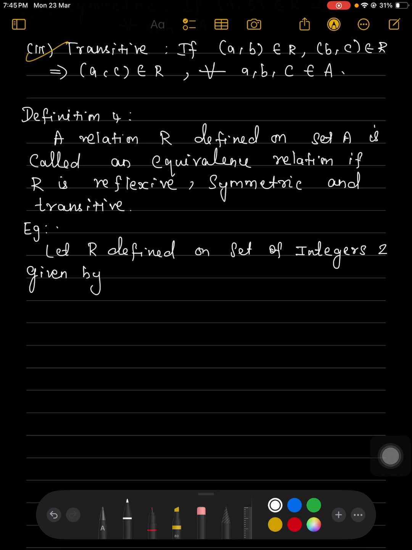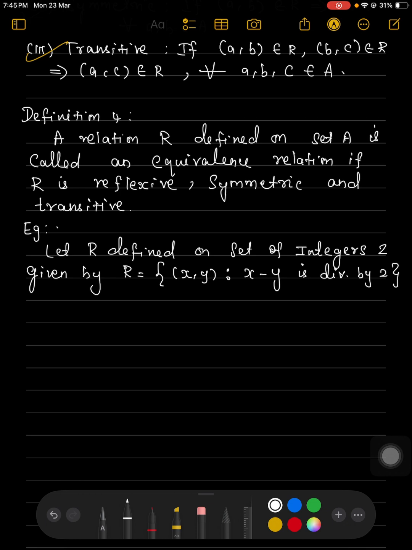What condition must the relation satisfy? Let's see what they have given. (x, y), the relation is: x minus y is divisible by 2.